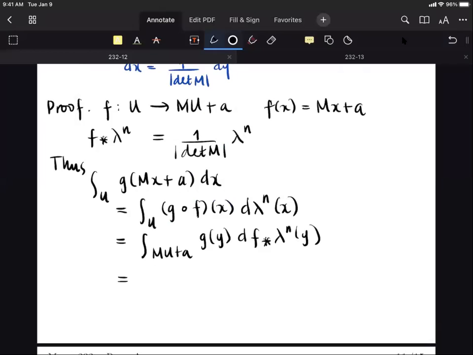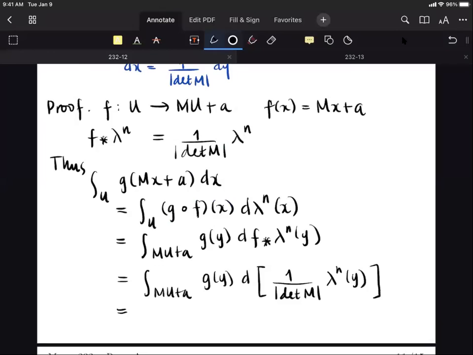According to this equation, we have the following: 1 over the determinant of M, d lambda n y.